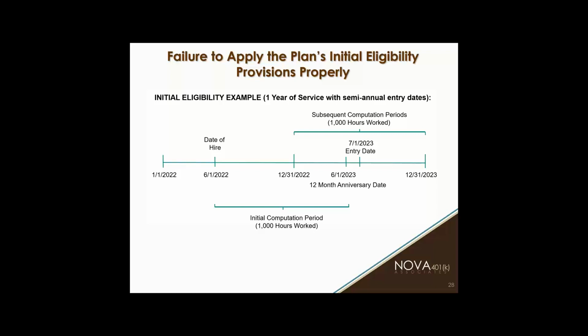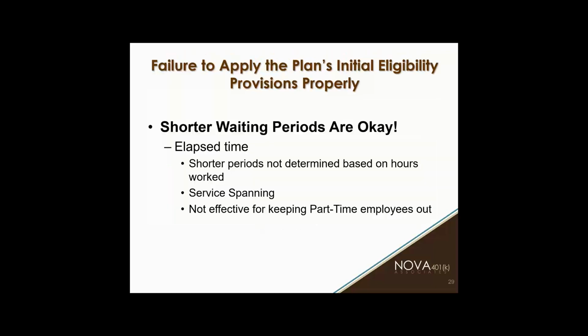So now you're looking at the calendar year of 2023, and then you ask the same question. Did they get 1,000 hours in that period? And then for every year after that, you ask the same question. If the person is consistently working 500 hours, they never get into your plan under a 1 year wait. So that's how the 1 year maximum wait works.